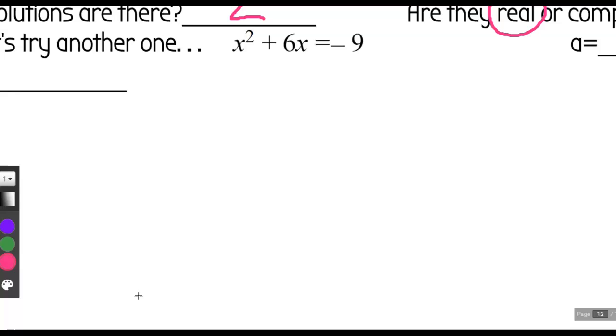Are there like terms to combine? No. Get everything to the same side. How do I do that? Add 9 to both sides. So I have x squared plus 6x plus 9 equals 0.